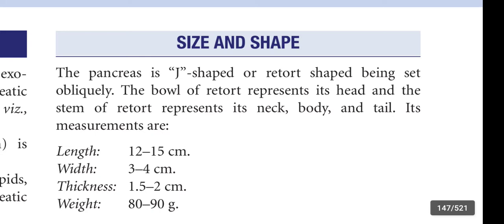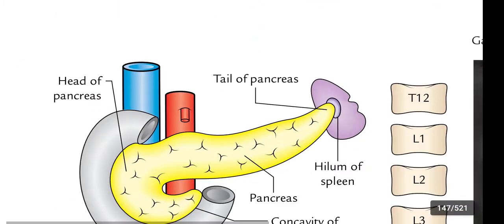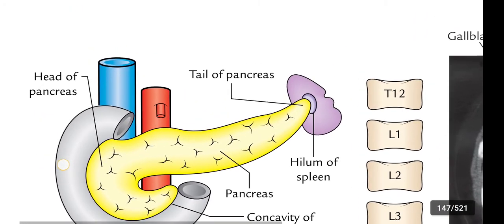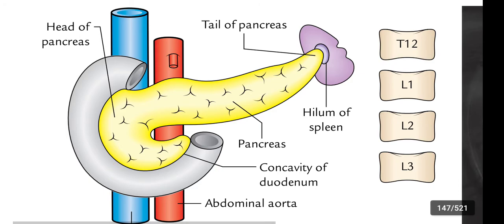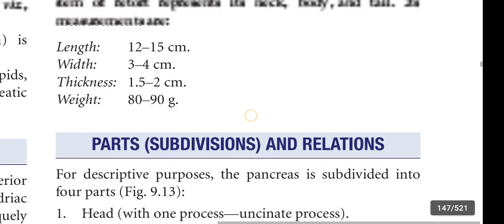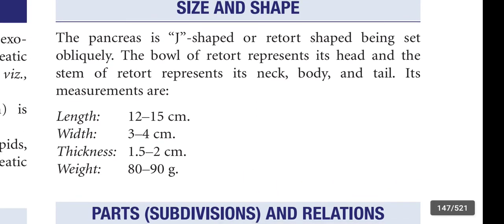Once again, pancreas is J-shaped or retort-shaped, being set obliquely. The bowl of the retort, which is like a ball, represents the head of the pancreas, and the stem of the retort represents the neck, body and tail.